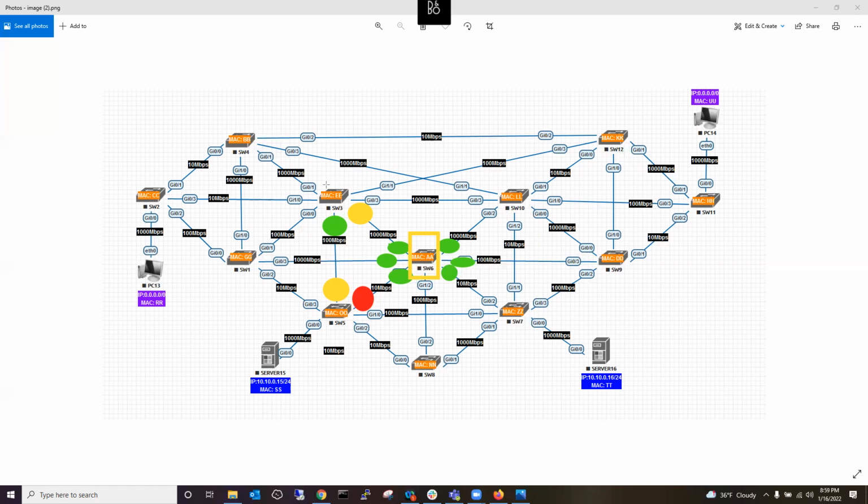So that means that G0/0 is going to be a root port. So between who, switch 3 in this invisible triangle? Switch 3, MAC address EE, G0/1. Right, but who is that in this invisible triangle? It's the root bridge. There we go. That's what I was looking for.